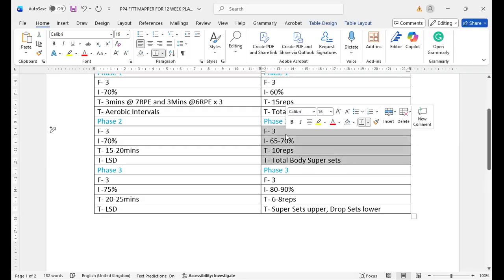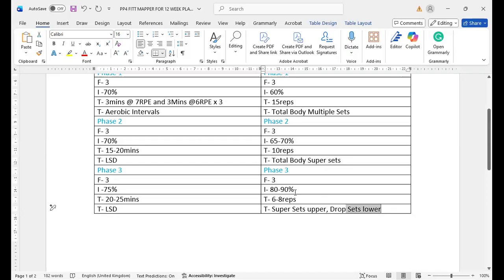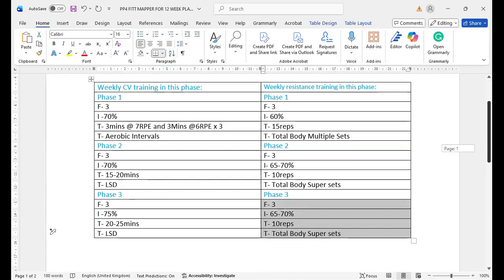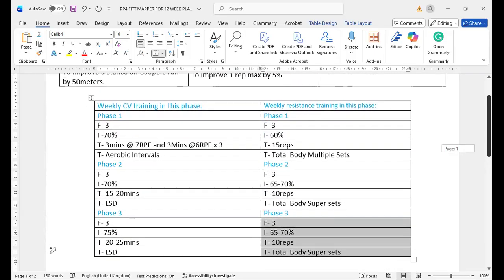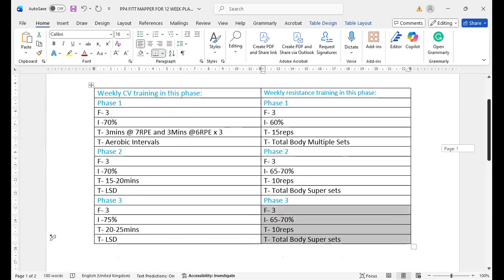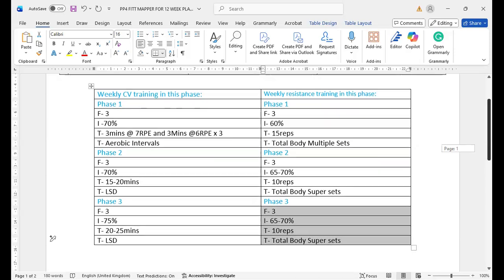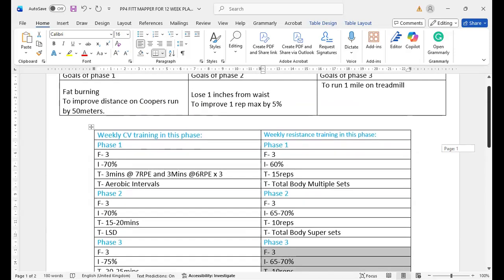Here again, I'm going to copy this over. There we go. Let's remind ourselves of the goals there. So we're happy with that running the mile on the treadmill because our CV reflects that. We're now getting into long, slow distance or constant pace, steady state. So we've achieved the goal with the CV and we need to head towards a little bit of hypertrophy.